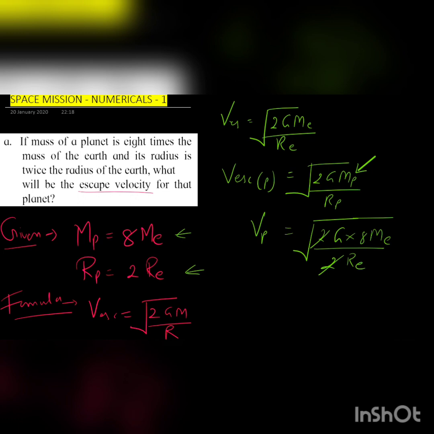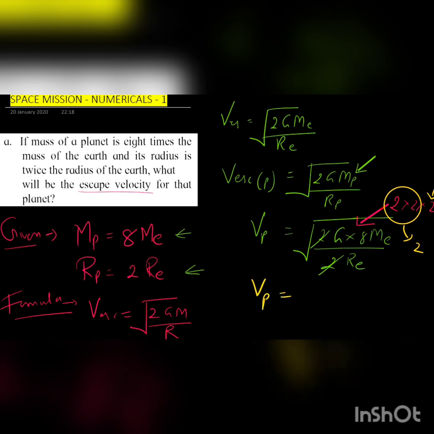What is 8? 8 is 2 into 2 into 2, right? If we take the square root of this, out of these two 2s, one 2 comes out and one 2 remains, right?